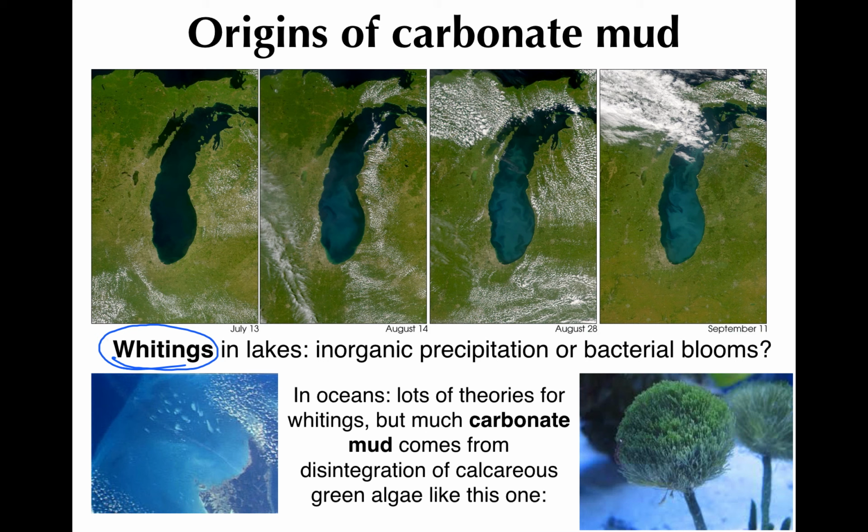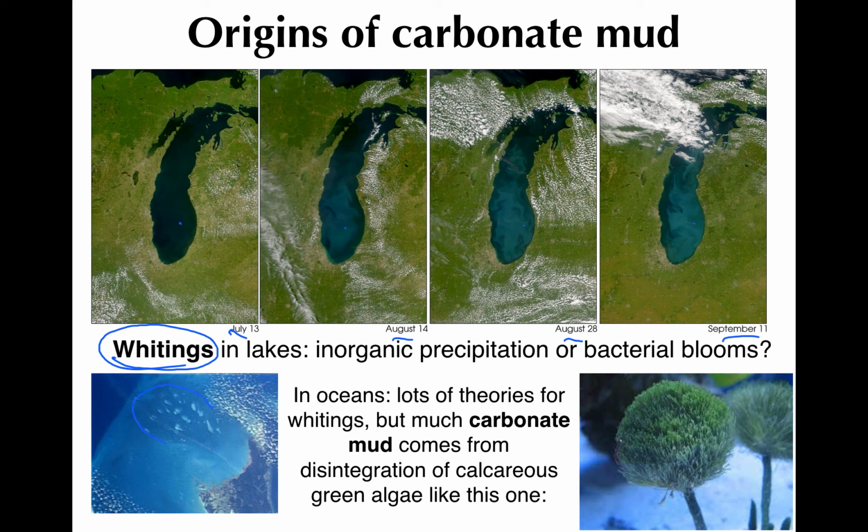For example, the spontaneous generation of carbonate mud that turns the waters of Lake Michigan white during the late summer months, and you can see the dates down here, and the gradual whiting of the lake, could be direct precipitation from the lake water simply because the water is getting warmer and losing CO2. But it could also be due to biomineralization by bacterial blooms that occur during those same months.